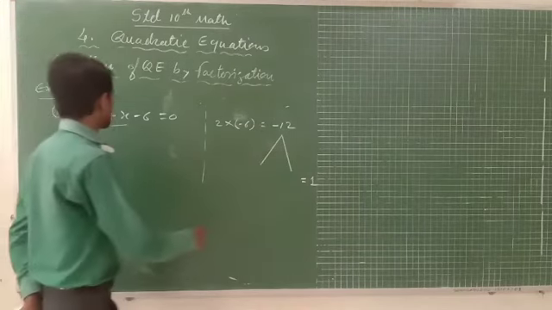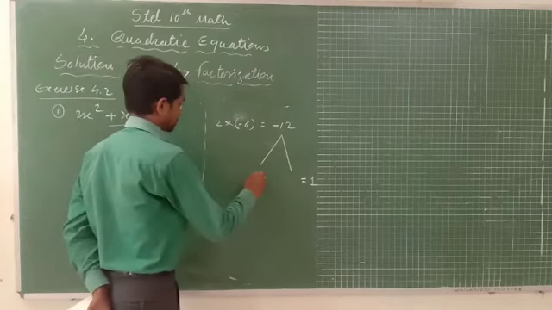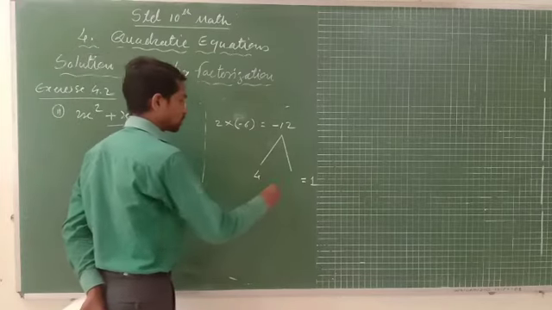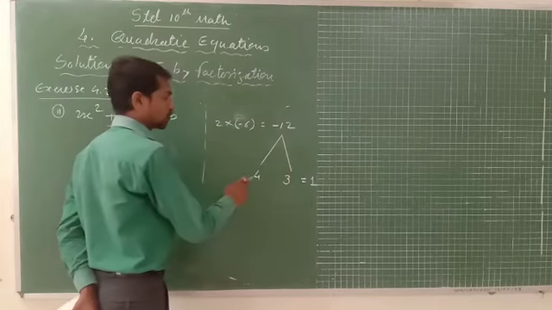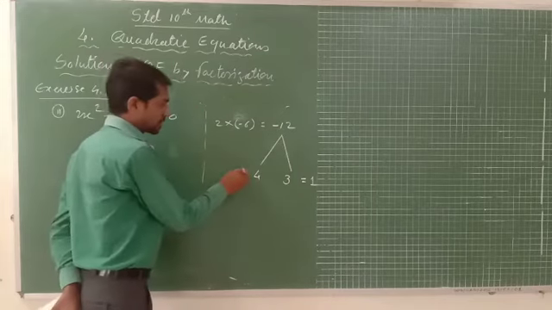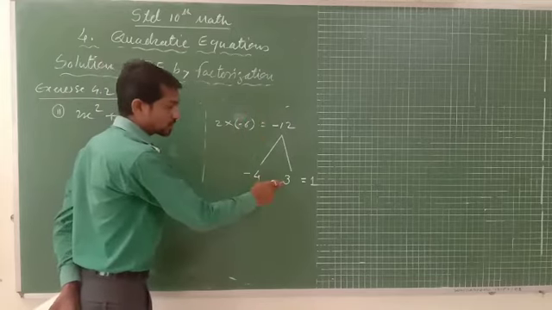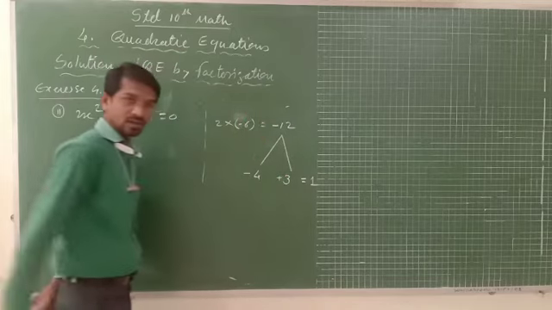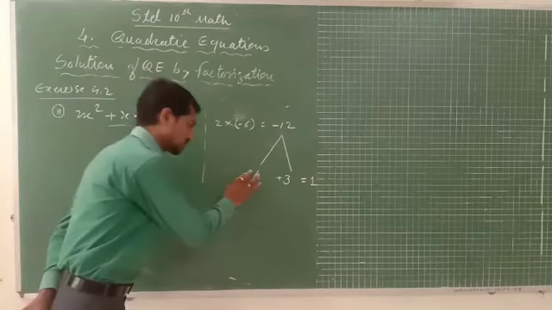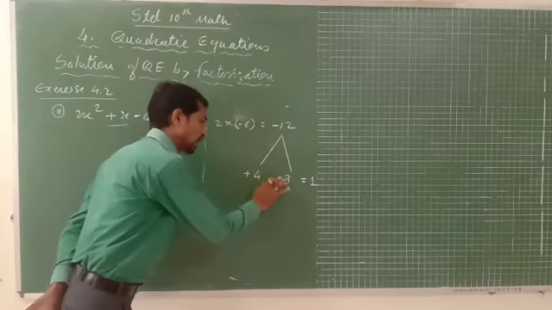So we'll try another method. Suppose it is 4, 3. 4 threes are 12. It's okay. If I write minus 4, 3, then minus 12. But minus 4 plus 3, is it 1? Is it minus 1? So this is not like this one. So plus 4 and minus 3.